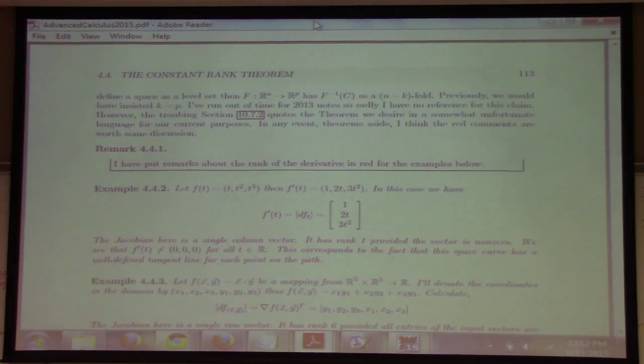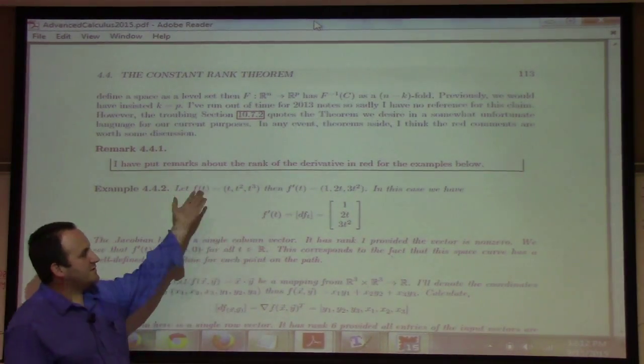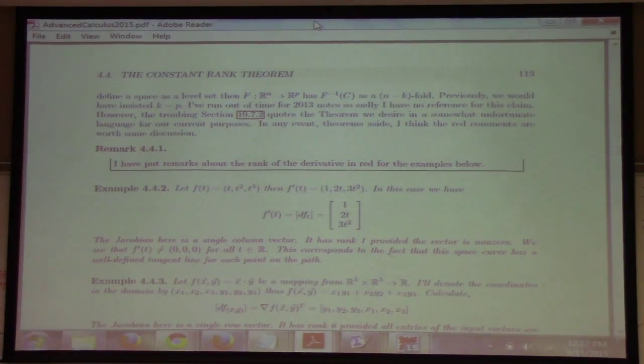So we can look at some examples, like here, f of t is t squared, t cubed. This is the twisted cubic. Its graph, the space curve, is something like this. It's a regular curve everywhere except for one point, 0.